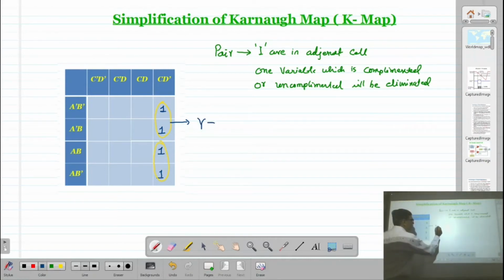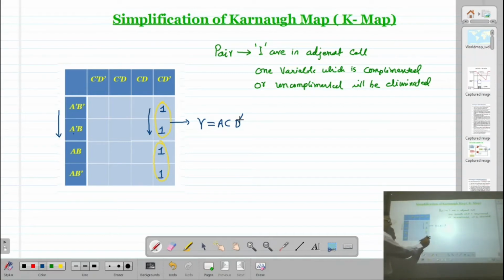Y will be equal to, now remember, when you are moving from here to here, CD prime is not changing. But if you see here, what is going to change? A is remaining as it is, B is going to be uncomplemented, so that is going to be eliminated. So my expression will be A, C, D prime. For this pair, my expression is this.